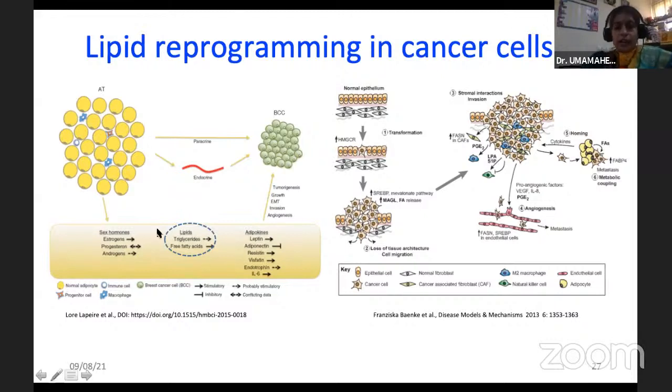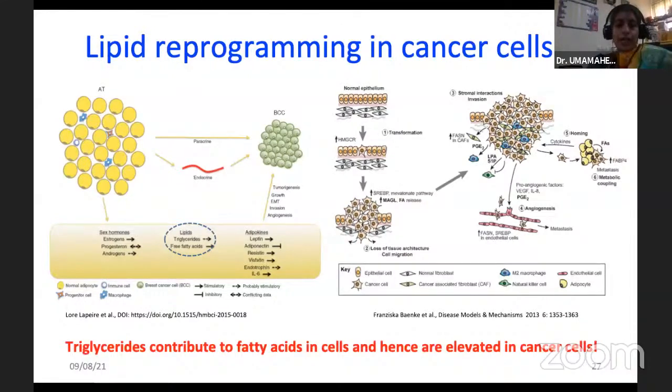I'm not going to talk a lot of biology, but what people have understood is that the membrane of these cancer cells have a higher amount of triglycerides. And not only that, there are also vesicles inside these cells that store these triglycerides. The triglycerides contribute to fatty acids, and so they are the source, the precursor. So they are elevated in the cancer cells.